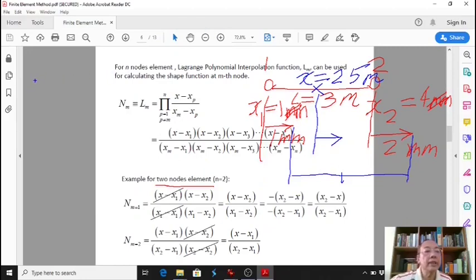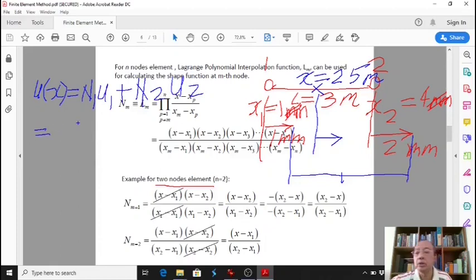So ux is n1 u1 plus n2 u2. So this is equal to, okay, so we consider back the n1. Okay, the n1 we take this formula. Okay, this formula, this is n1.